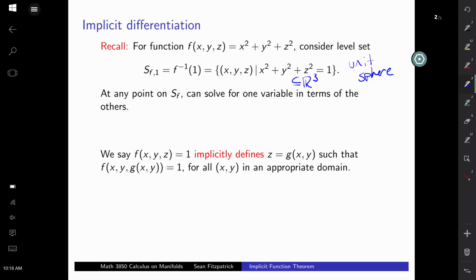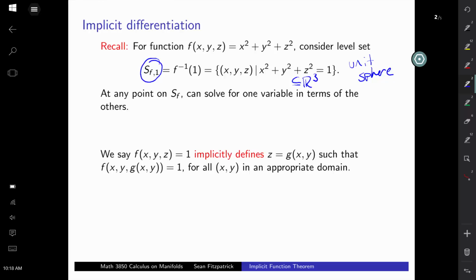And in general, for any real valued function like this, if you consider a level set of this form, the level set is generally going to be some sort of surface that is generically one dimension less than the space that you're working in.